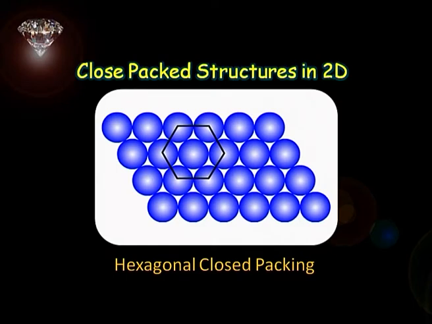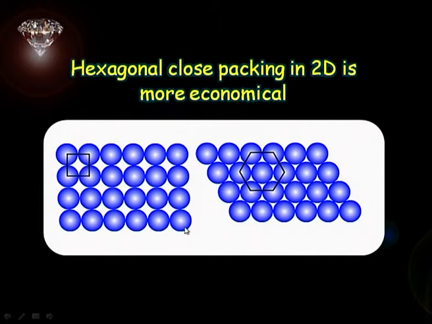Now, let us try to compare the two kinds of systems here. So, what I have done here is that I have taken an equal number of spheres in both the cases. So, visually also we can make out here that this kind of a hexagonal close packing is more economical in terms of space as compared to the square close packing, which in fact is true.